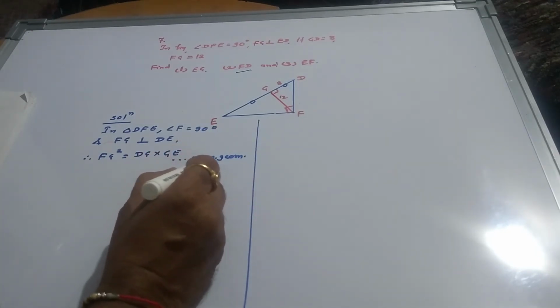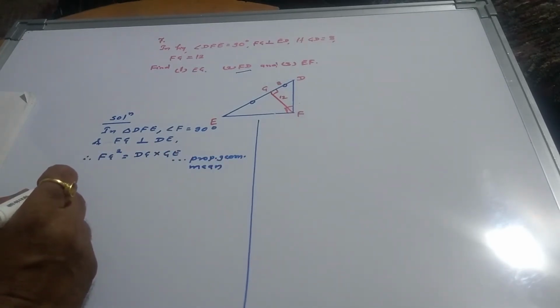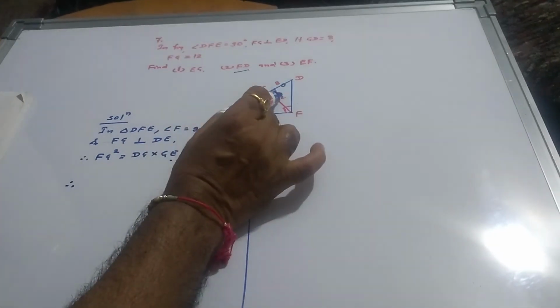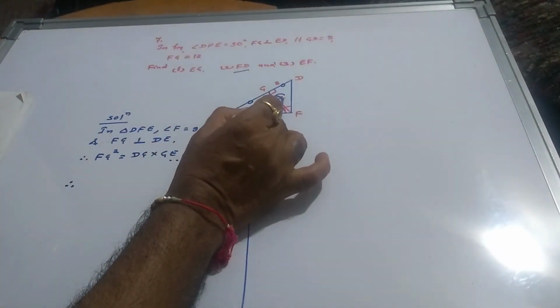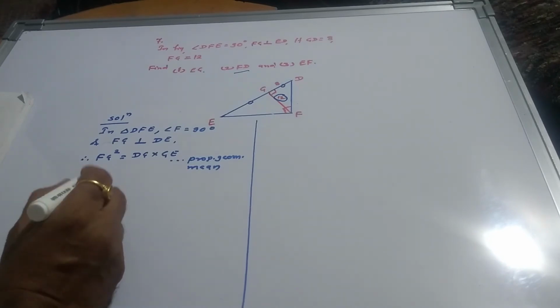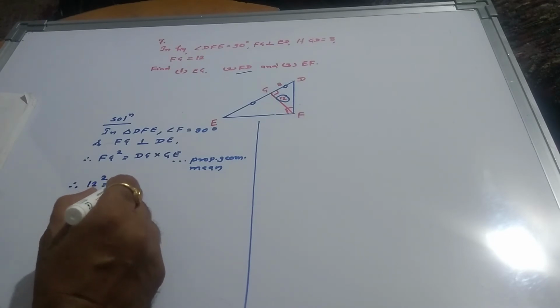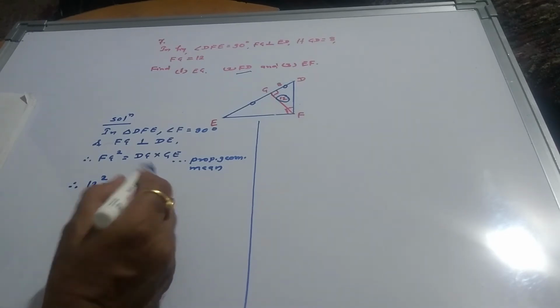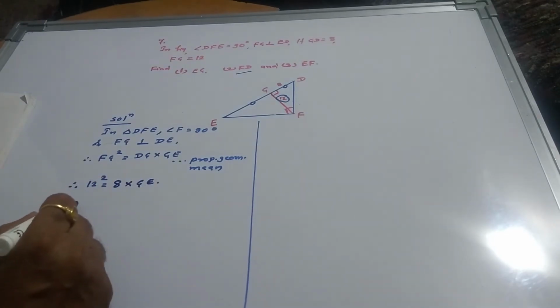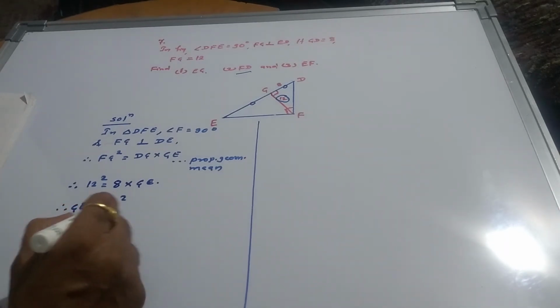Now keeping the values here, what is FG? FG is given to be 12. So 12 square is equal to, what is DG? It is 8, into GE. So therefore GE is equal to 12 square upon 8.